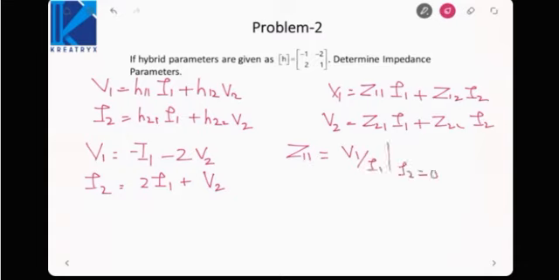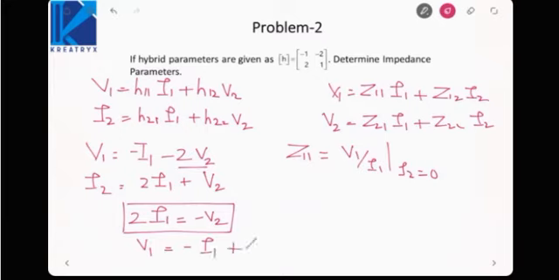Now if we keep I2 equal to 0 here, 2I1 will be equal to minus V2. Substitute it here. V1 equal to minus I1, then plus 4I1, that is 3I1. So what is V1 by I1? 3 ohm. That is the value of Z11.